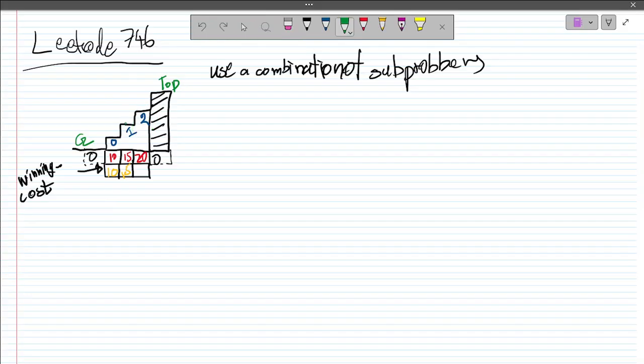Okay. You can either come from step 1 and then pay step 2 base fee, or come from step 0 and then pay the step 2 base fee. Okay. Let's think about that for a minute.